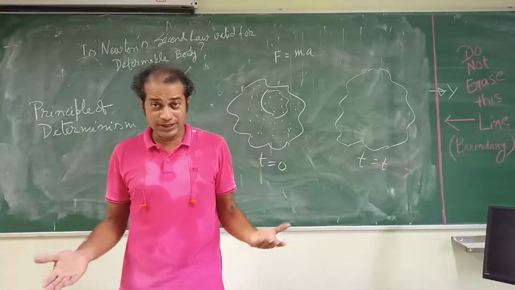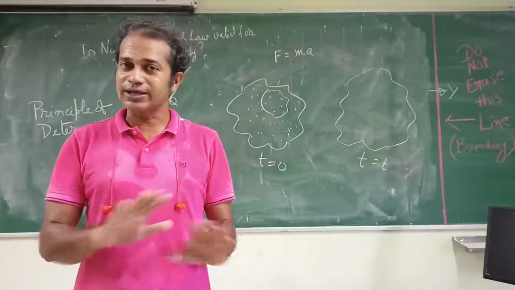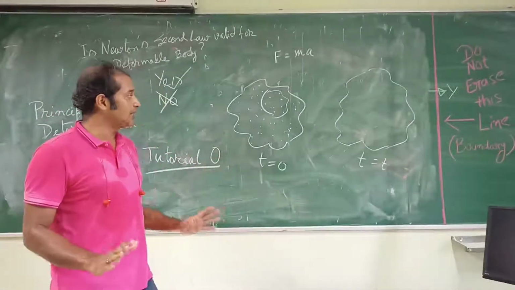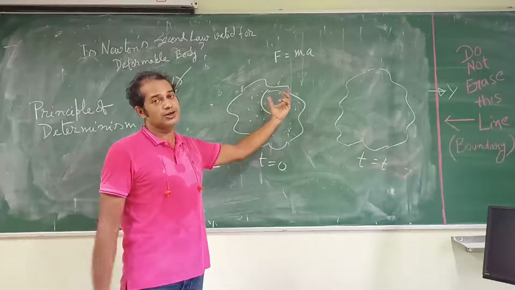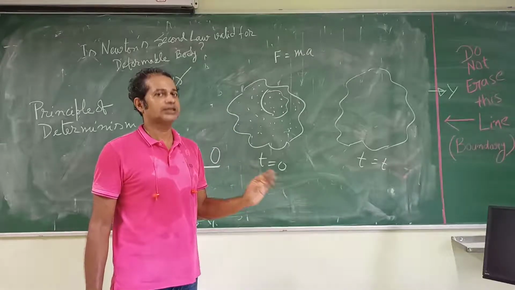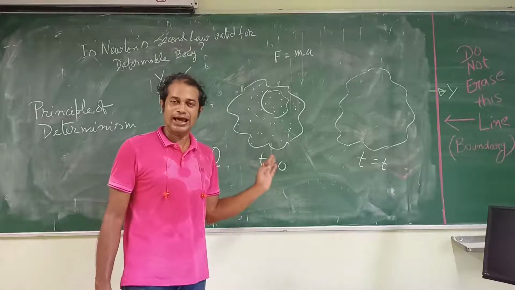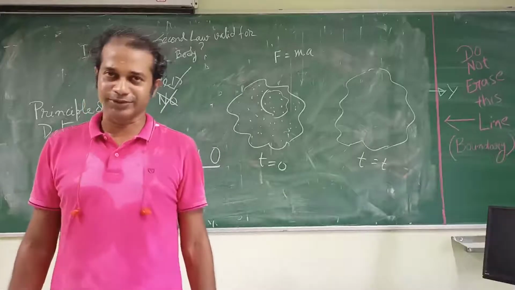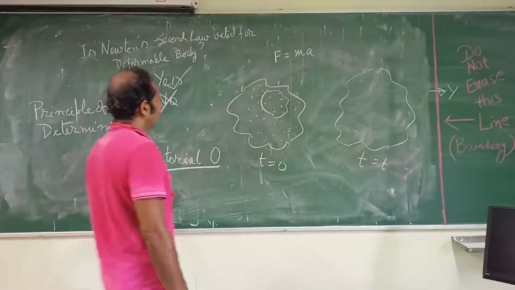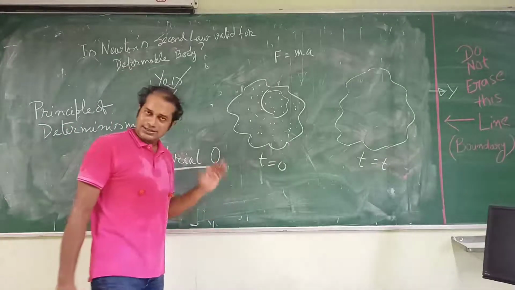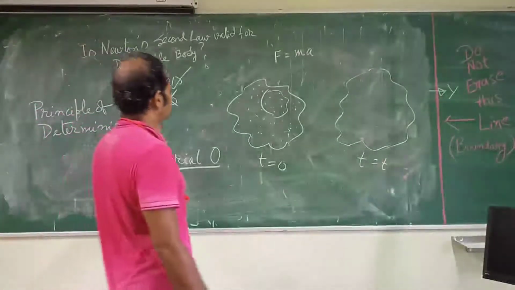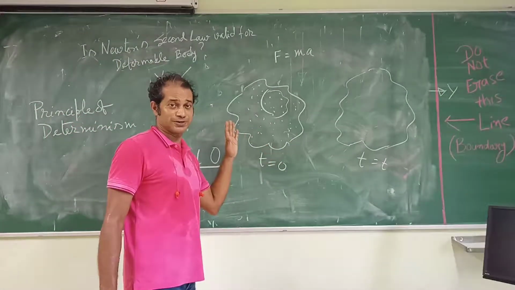Whether the body is rigid or deformable, it doesn't matter. For any part of the body and the whole body, Newton's second law is valid. So each and every point is deterministic. The motion, the position and the velocity are absolutely deterministic. There is no uncertainty. This is what tutorial 0 is all about. Just to recapitulate, probably you have not thought of the free body diagram from this perspective.